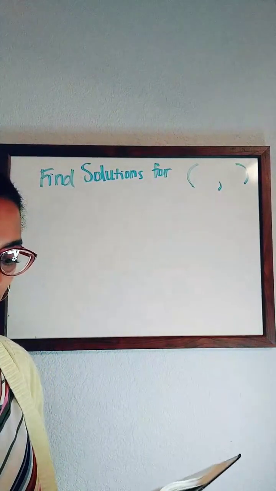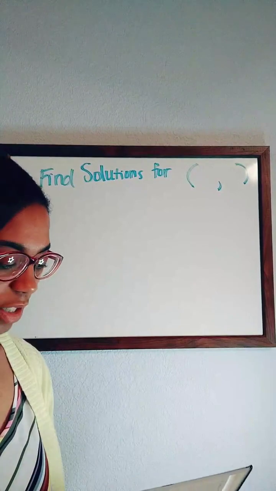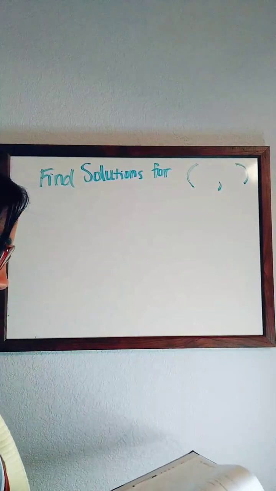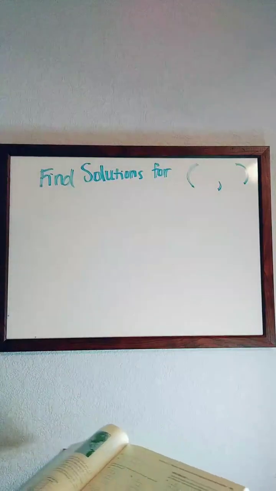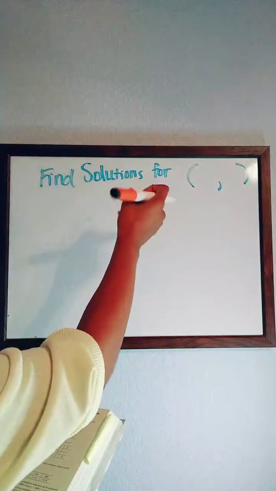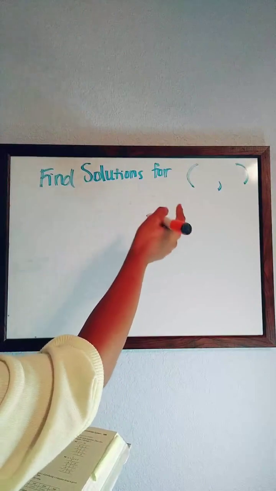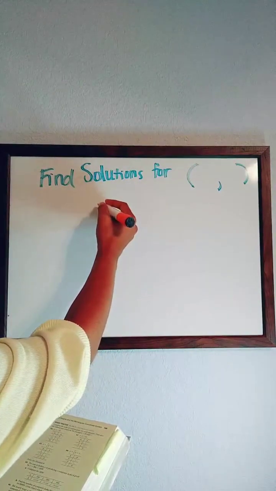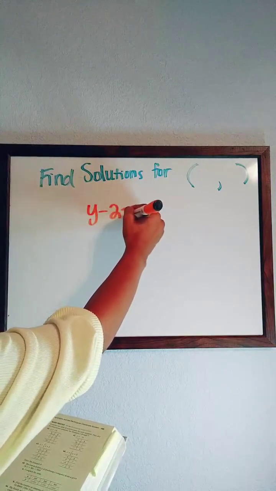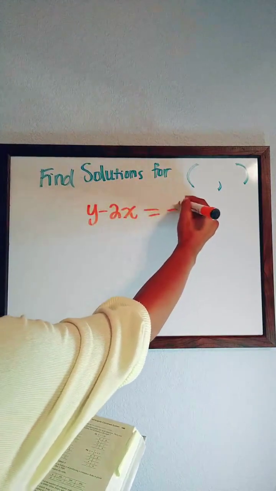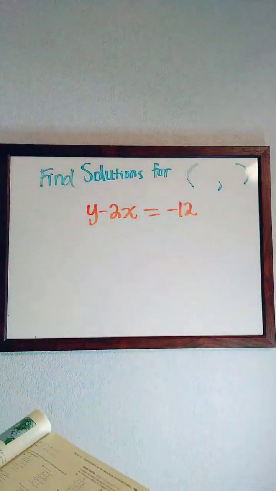All right, so let's look at this right here. Let's find solutions for this equation right here. Let's do y minus 2x is equal to negative 12.